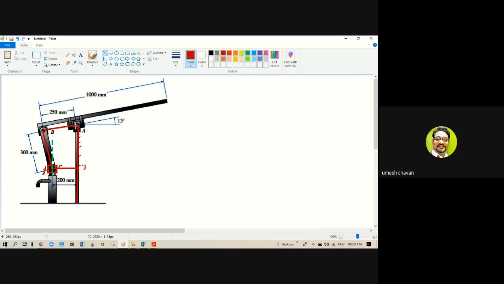See here, AB, BC, CD, and ED. This is called an offset slider crank mechanism. You may think like this. Okay, this is the mechanism.